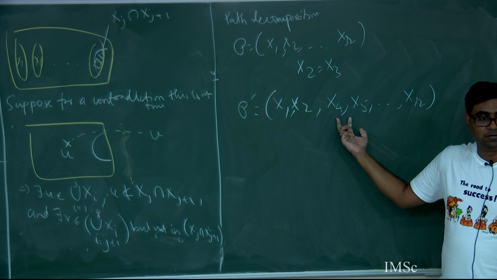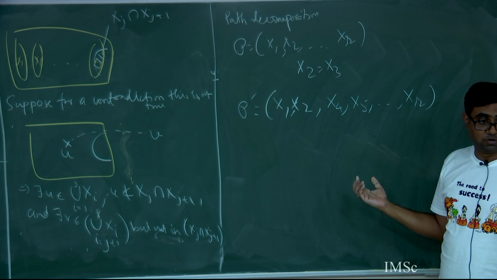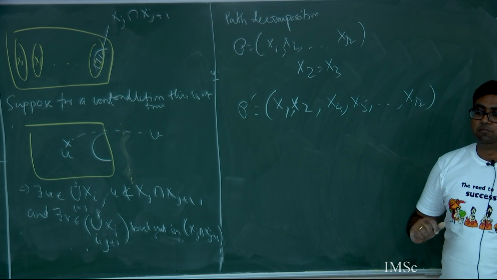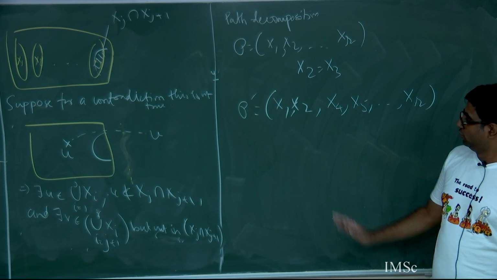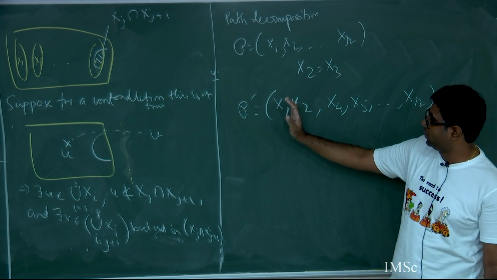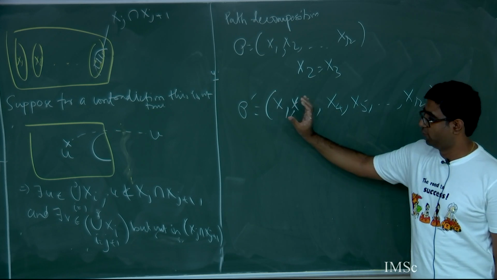Both of them could have size p plus 1, but their intersection cannot have size more than p because they are consecutively not the same, right. And we already have seen that x2 intersection x3 is a separator from left to right.